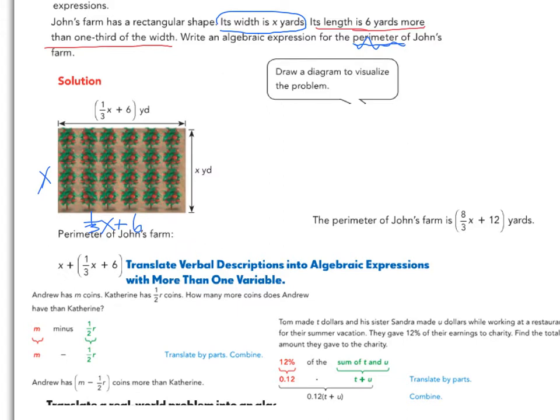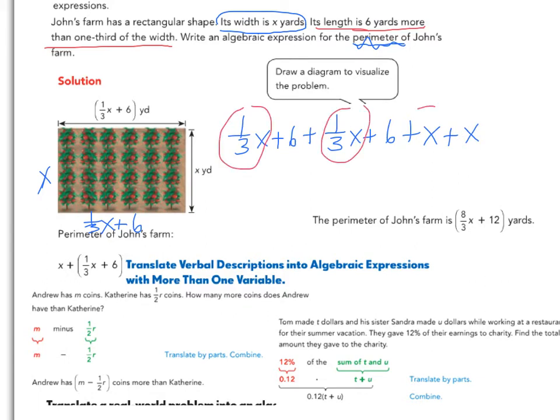So what you need to do is 1/3 X plus 6 plus 1/3 X plus 6 plus X plus X. Then you combine your like terms, 1/3 X plus 1/3 X plus X plus X.